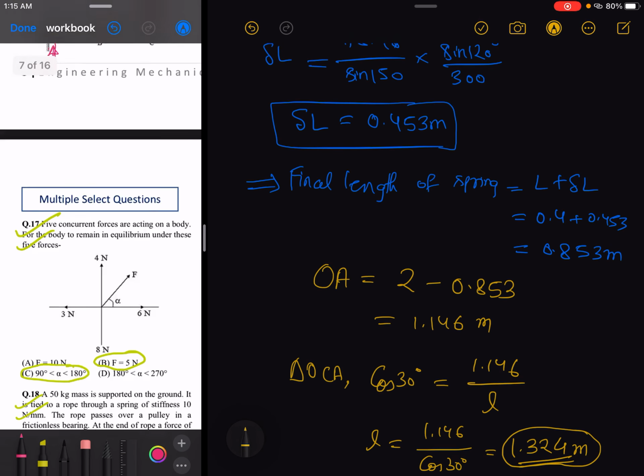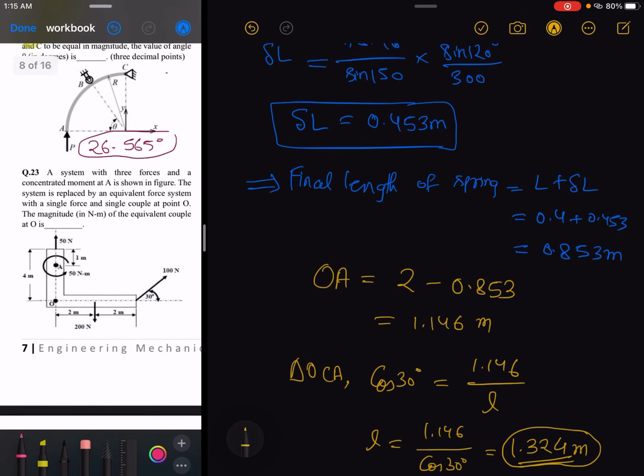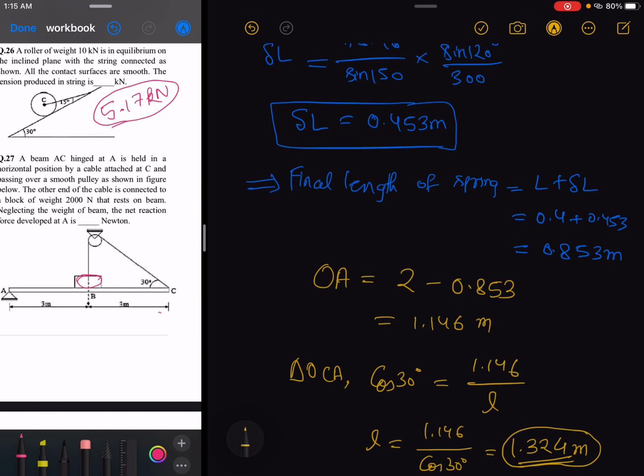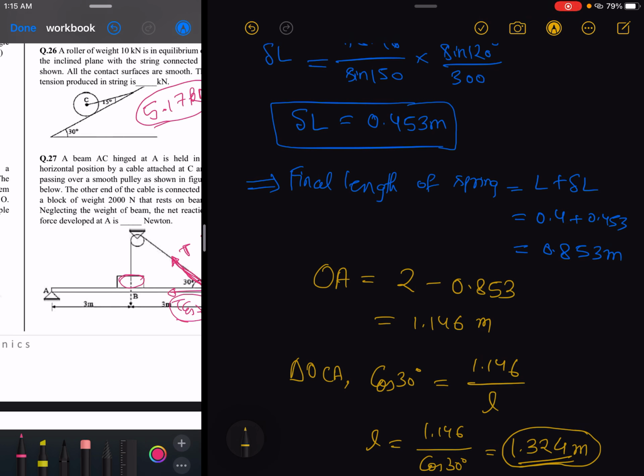But in this question, if you observe carefully, this string is inclined. So this string will have two components: one is T cos 30 degree, and another one is T sin 30 degree. You observe that this has force along the x direction also and along the y direction also. So you have to consider both the reactions, that is RAx and RAy, but the net reaction is required to be found.